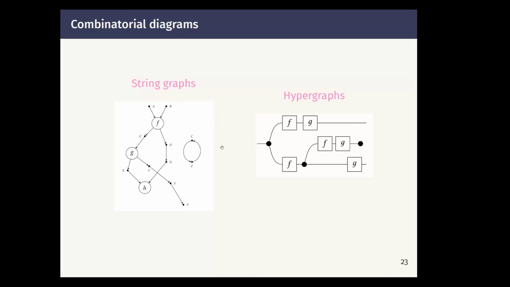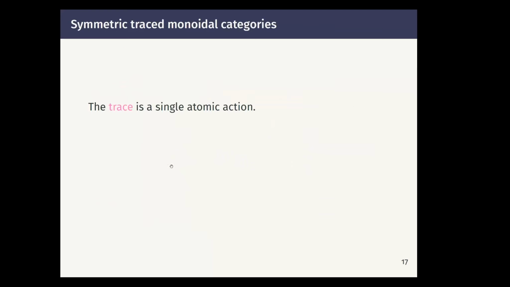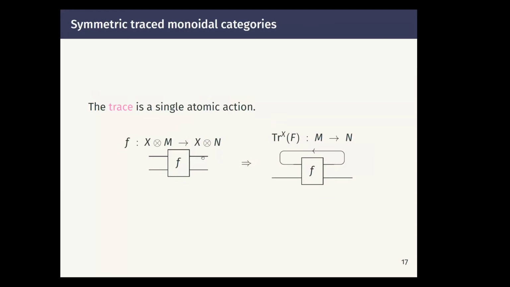Before I move on, have you got any more questions about all of that? Yeah, so is the trace just a loop from the output back to the input? Yeah, let's set the picture up again. You just take, say, the first however many wires you want, take them around and join them back up to the input.